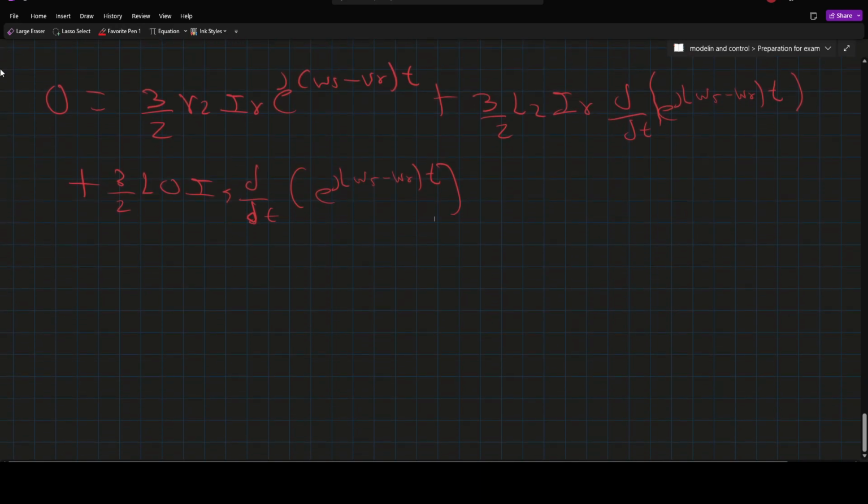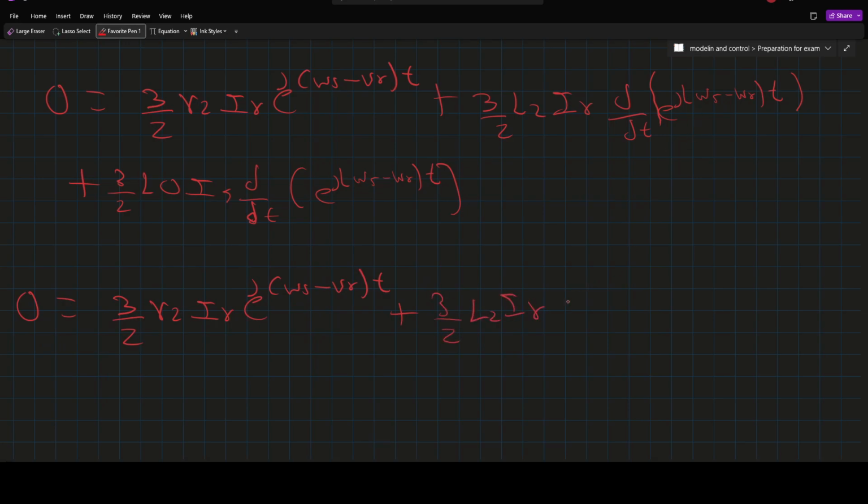Okay, so now we do the derivatives. We get this, plus 3 halves L2 IR, and the derivative of this is going to be j omega s minus omega r multiplying e to the j omega s minus omega r t.